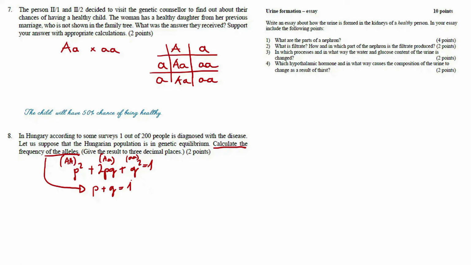I think it's an easier approach if you start with the q squared number, because we know that q squared is going to be 1 divided by 200, which will give you 0.005.